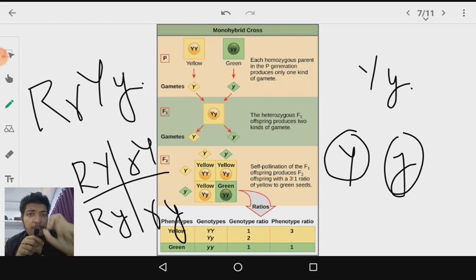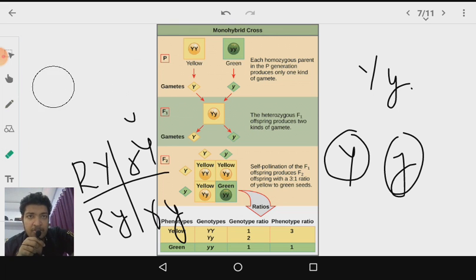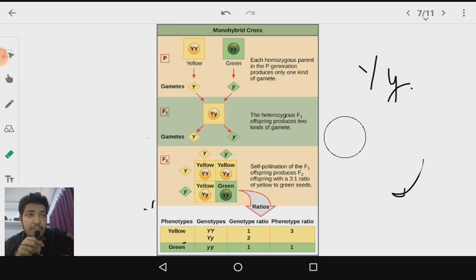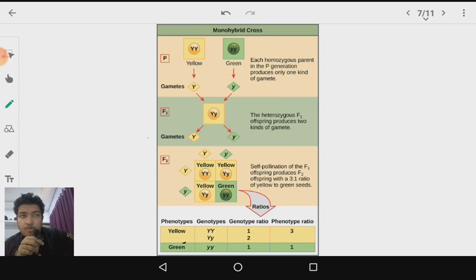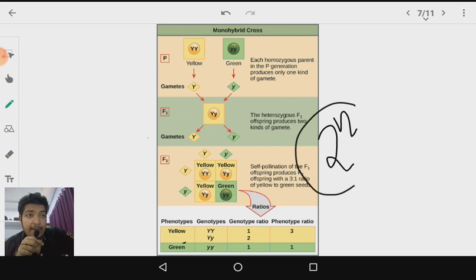So first of all, if we have a trick for understanding how many gametes we can produce, then it is easy for us to write down the gametes. So for that we have a trick. What is the trick? The trick is given by number of gametes is equal to 2 raised to n, where n is the number of heterozygotes.